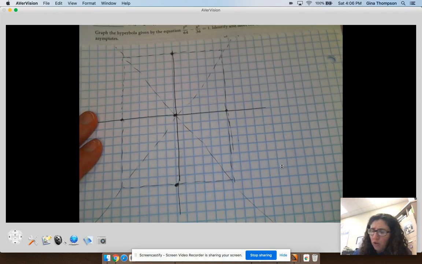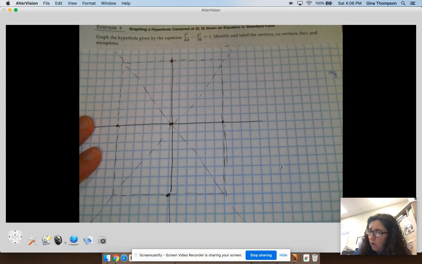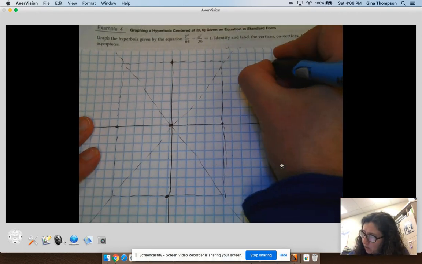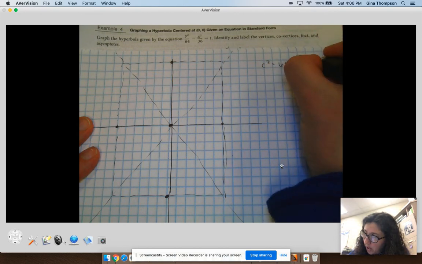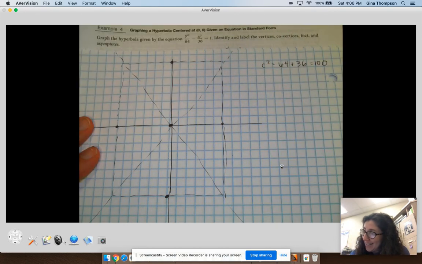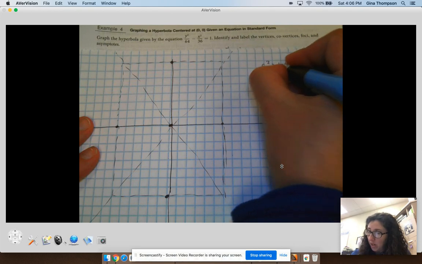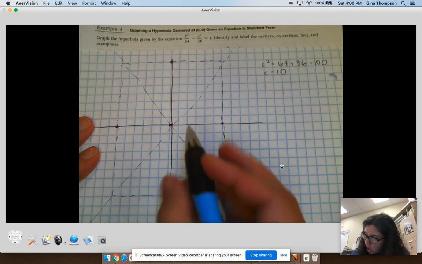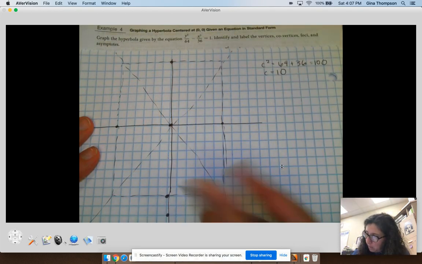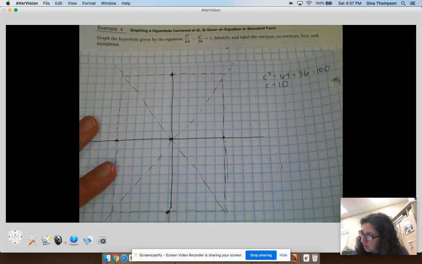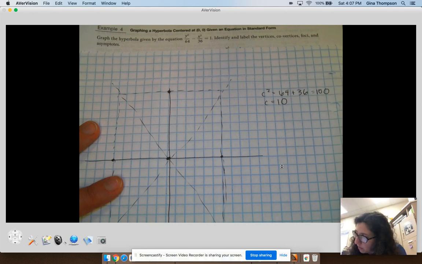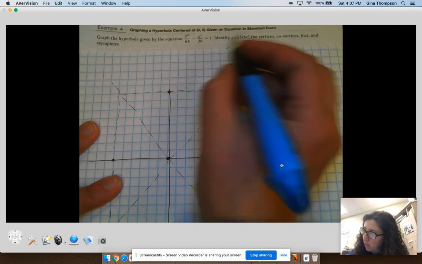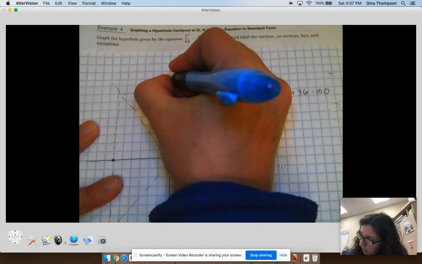The only thing I'm missing here are my foci, right? And how could I figure those out? C squared is going to be 64 plus 36, which is 100. So my C is 10, the square root of 100. So here's my one focus point, and my other one, I cleverly didn't make this quite big enough. So I'm going to pretend, that looks like it fits. I'm going to extend my graph paper. There we go.